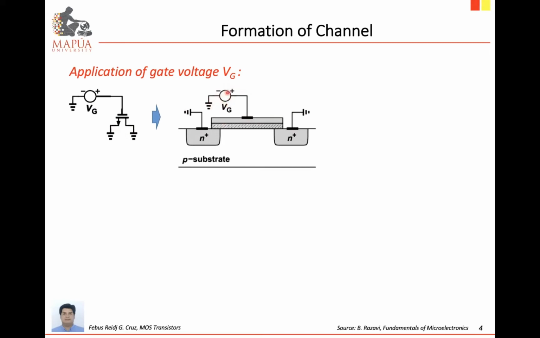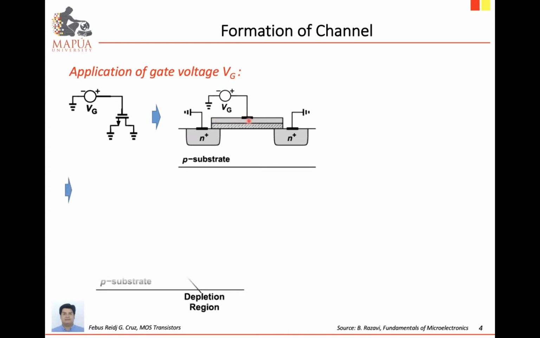Once you apply a voltage, the polarity of that voltage will be distributed all throughout the conductive gate layer. In this example, you have a positive connected to the gate layer, so a positive potential will appear all throughout the area of the conductive gate plate.